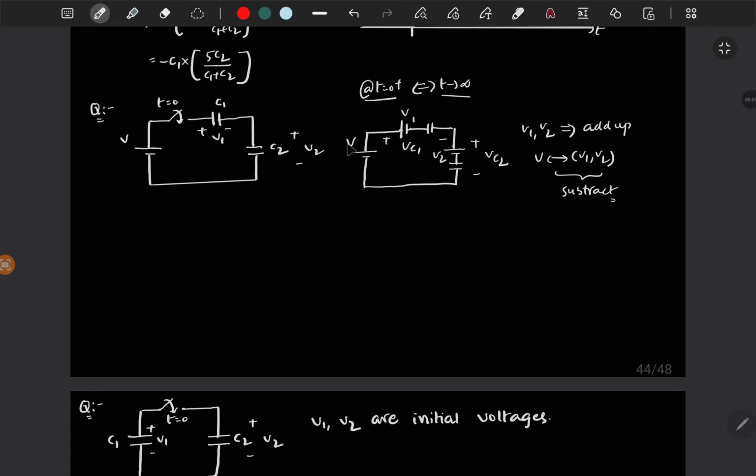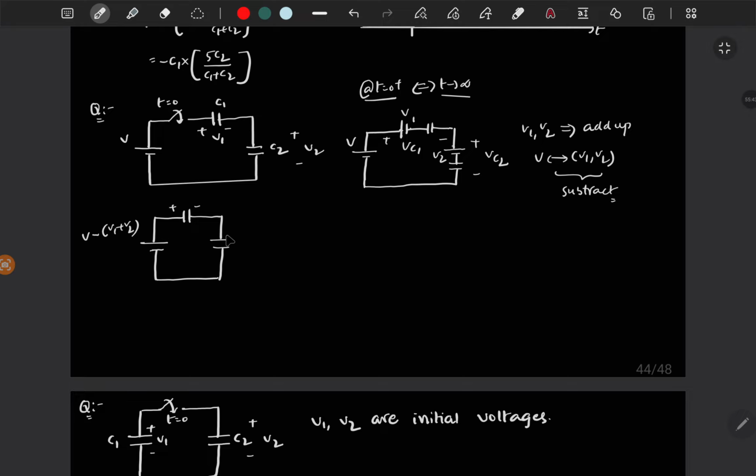If you assume the voltage source is greater than V1 plus V2, then you will get that circuit with the polarity of the voltage source because it is bigger compared to these two. So V minus V1 plus V2. This is for circuit analysis only. So this is the equivalent voltage source and you have two capacitors.